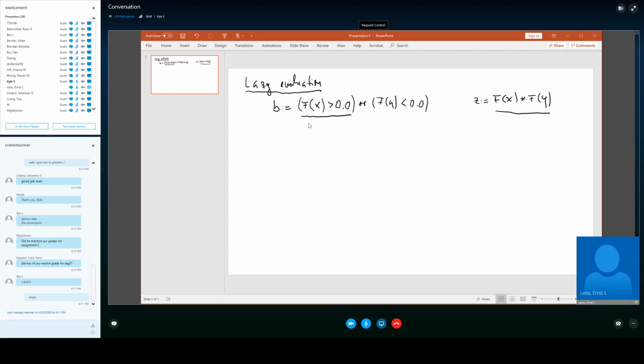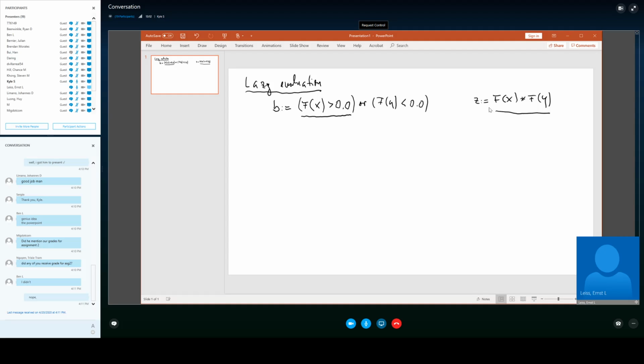So half of the time, there is no need to look at the f of y. And so, if the evaluation of the function f is expensive, then obviously we're gaining a great deal of efficiency by doing only half of that.